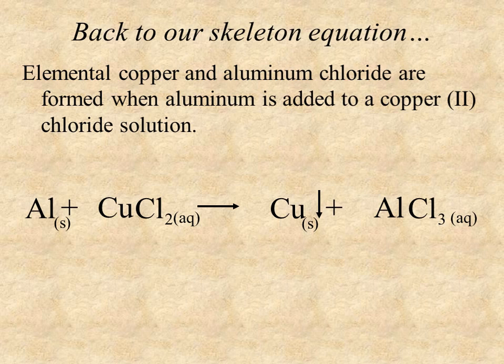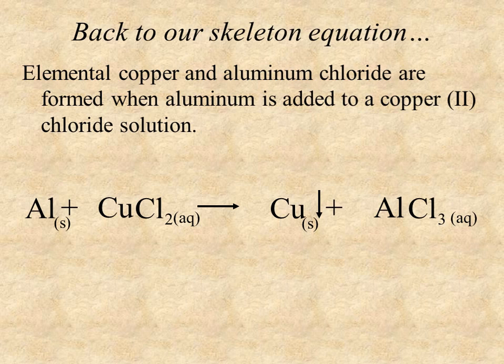So whenever we have this even-odd combination, obviously we're going to need more chlorines on the left-hand side currently as it stands, but there's no whole number that we can put in front of CuCl2 that's going to give us 3 chlorines. We don't want to deal with decimal or fraction coefficients, only whole numbers. So with 2 and 3, we think least common multiple is 6. So we want to use coefficients that are going to give us a total of 6 chlorines.